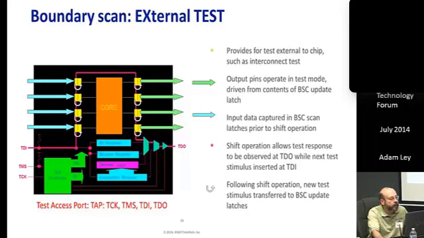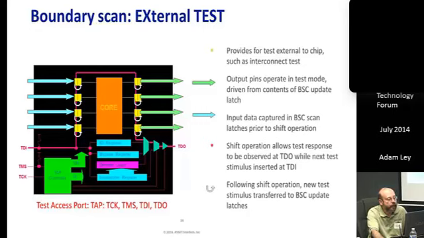And thus, if you imagine that there's a circuit on the right-hand side that's connected to this circuit on the left-hand side, you drive outputs to inputs and you can test across the interconnects between those two chips. The detail here talks about how you access the state machine and the register in order to do that, but that's a lower level of detail than we need to go through right now.